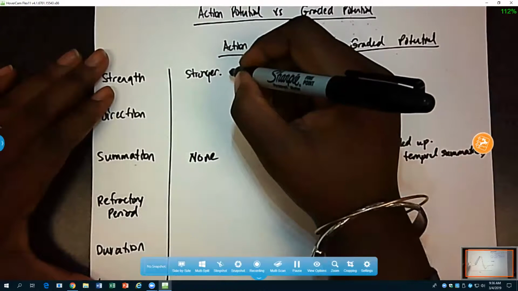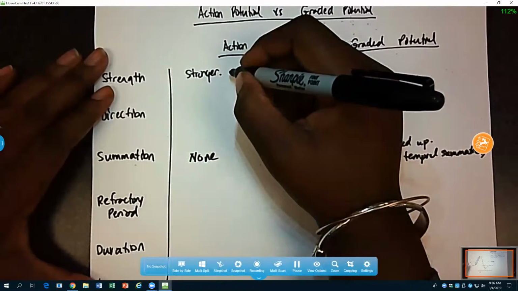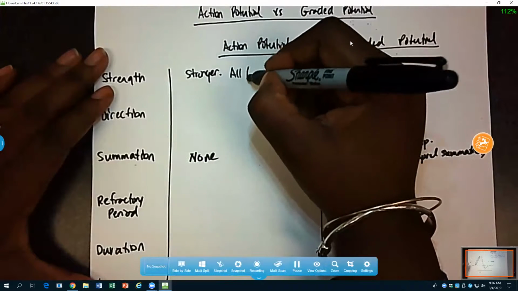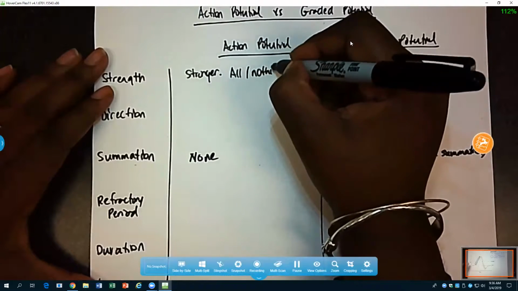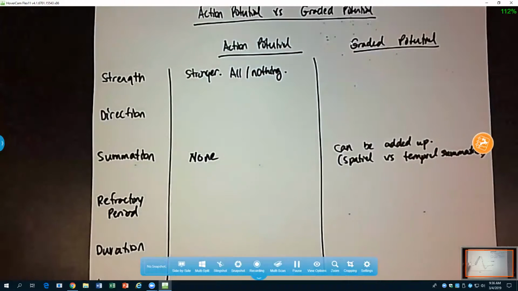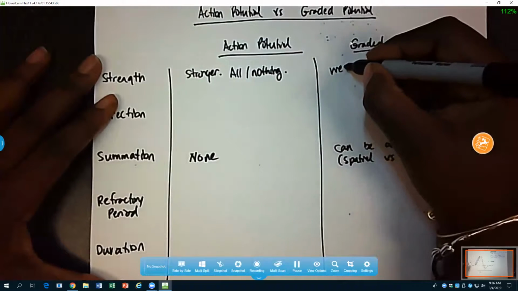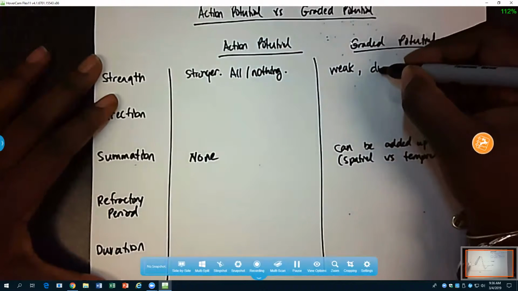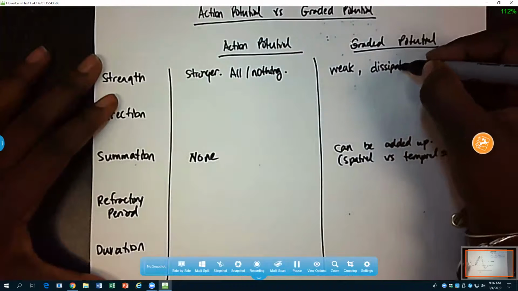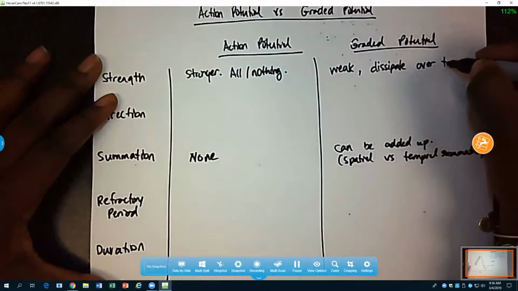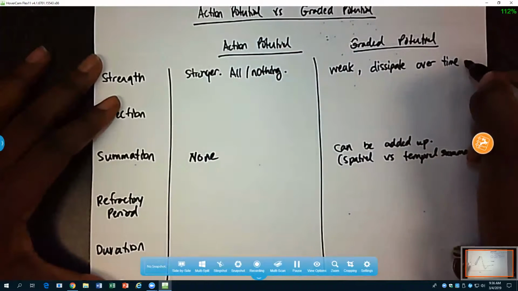And we know that it's also all or nothing, meaning after threshold, we're going to fire an action potential. It's going to have the same magnitude all the time. There's no grading. Whereas graded potentials are weak and they dissipate over time. Okay.